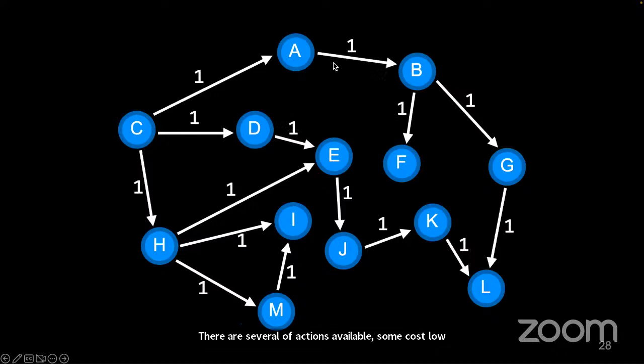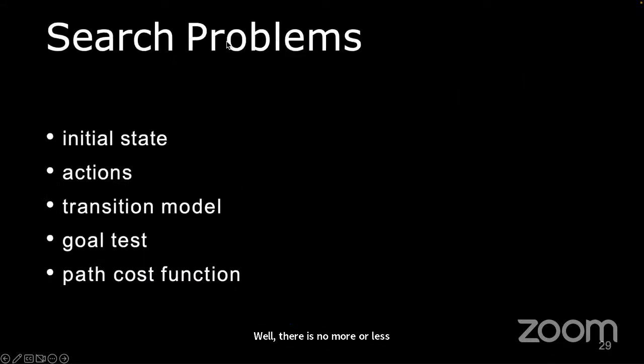In some problems, we have the same cost for each action, like the 15 puzzle game example we already took, where each action represents moving a tile, where there is no more or less concept in this cost. So using all these concepts, we can formally define such a problem.